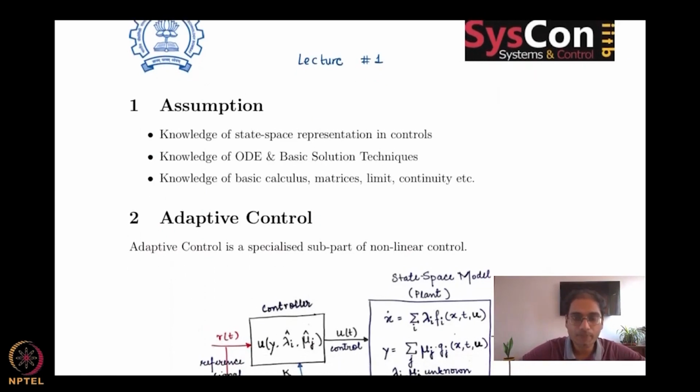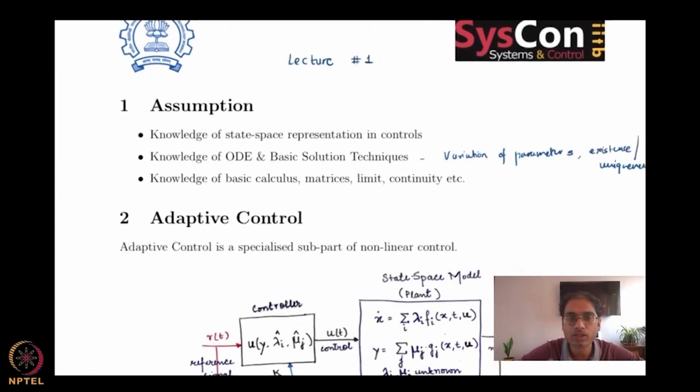The second thing we require is knowledge of ODEs, that is ordinary differential equations, and basic solution techniques. This includes things like variation of parameter solutions, existence, uniqueness, ideas of solutions.